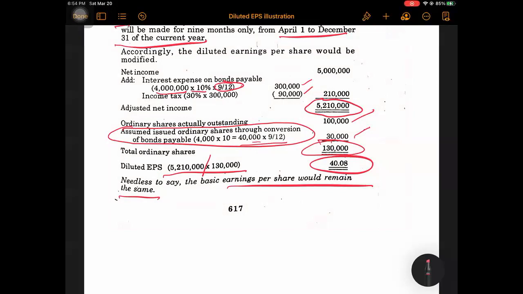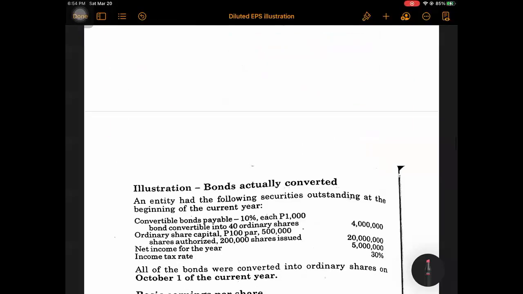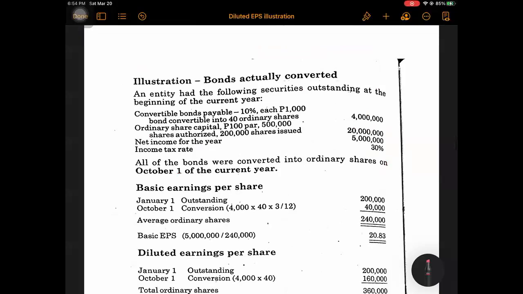In this third case scenario, there are changes in the computation of your basic earnings per share or your diluted earnings per share. Why? Because the bonds were actually converted. Earlier, we assumed that it was converted as if, but this time, the bonds were actually converted.